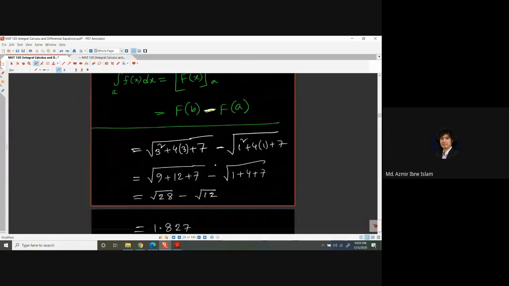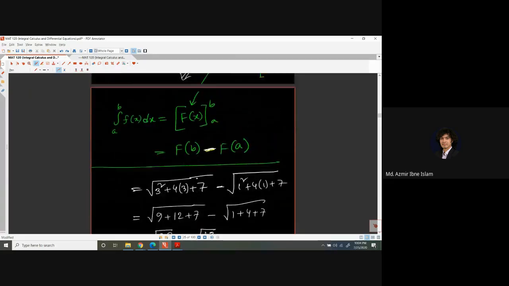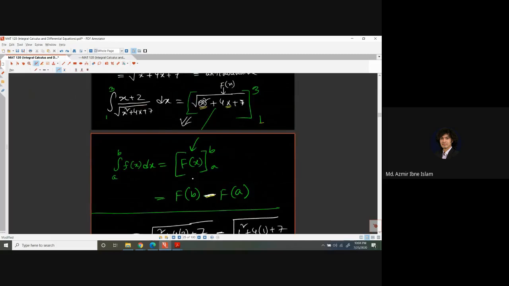Okay, so we will take another example from our exercise, then we can conclude the u-substitution method here. So you have to remember that for the u-substitution method, you must remember or recall all the formulas that you have for integral calculus.